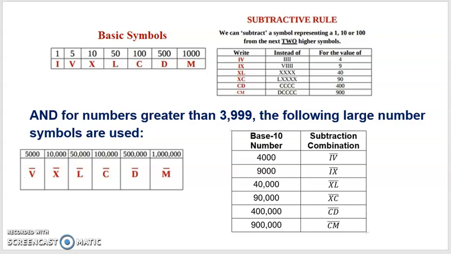What the bar approach means is that you start with the basic system, but you want numbers larger than 1,000. So you take a symbol, and if you augment it with a bar, it means you multiply it by 1,000. For example, the number 10 is X in Roman numerals. X with a bar over the top of it equals 10 times 1,000, which equals 10,000.